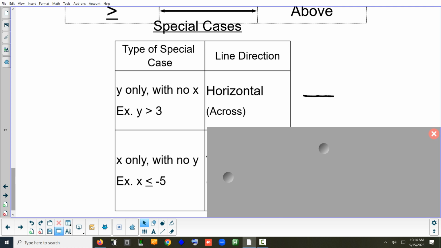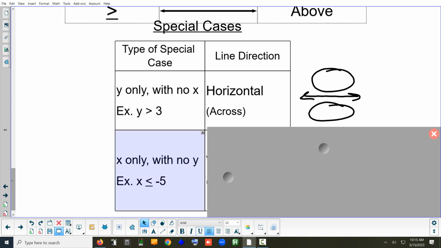Now, if it goes horizontal, the shade above, shade below still makes sense. If it's less than, this is below. If it's greater than, that's above. So there's no issue with that.